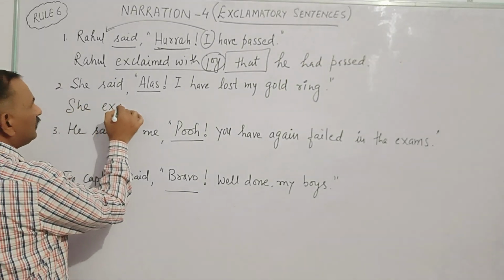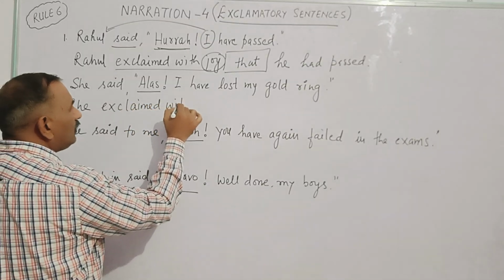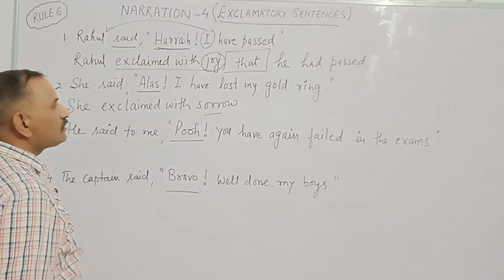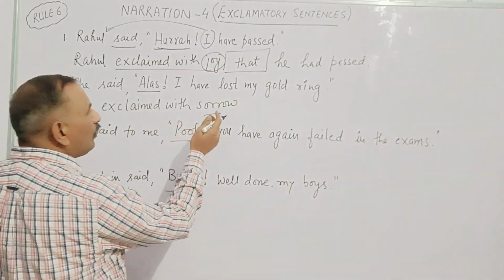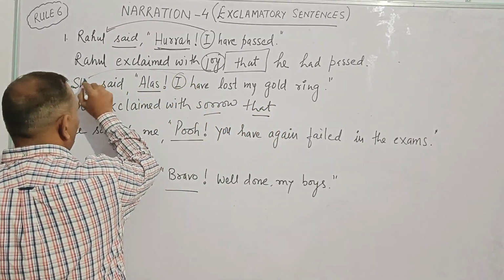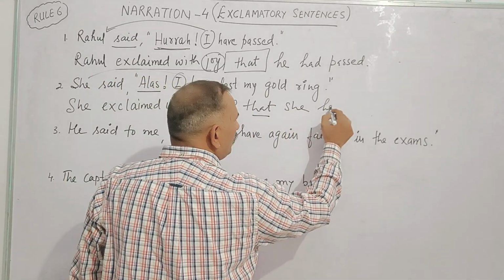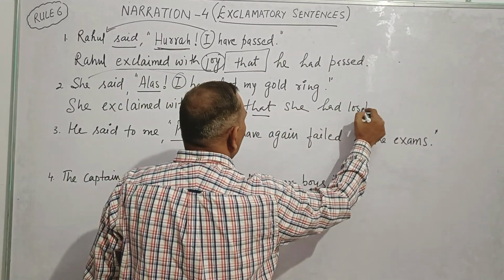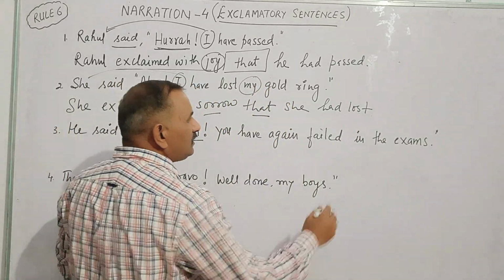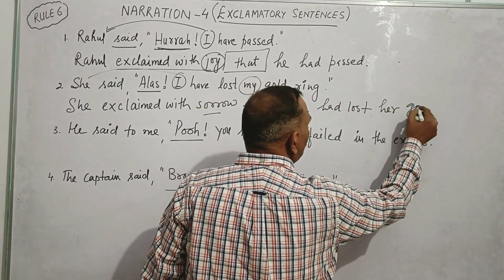She exclaimed with sorrow, or you can say with regret also, that she had lost her gold ring. I changes to she, first person according to subject, my changes to her, and have lost becomes had lost.